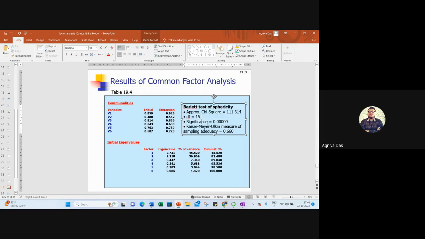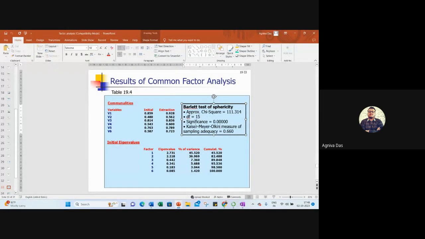Yeah, but there is no significant difference. Okay, so as you can see, the significance value is 0.000, which means they have rejected the null in Bartlett's test of sphericity.